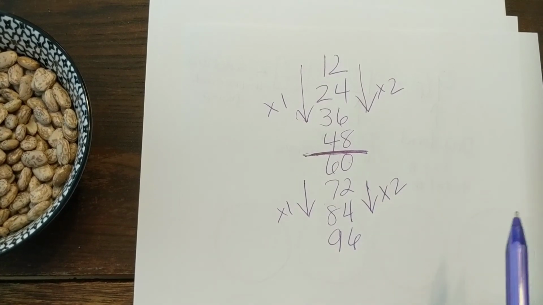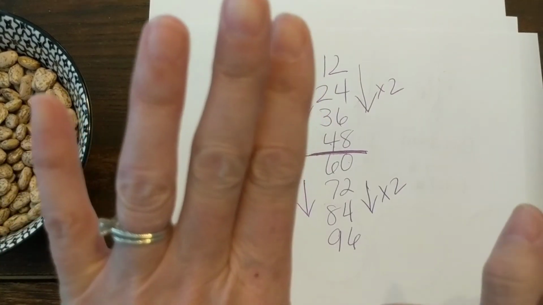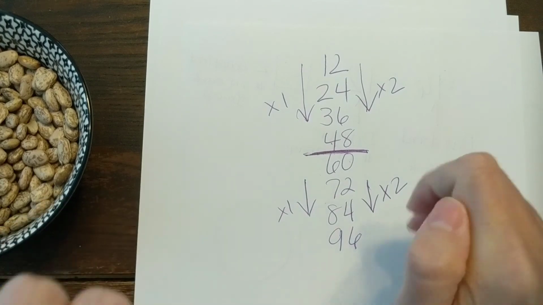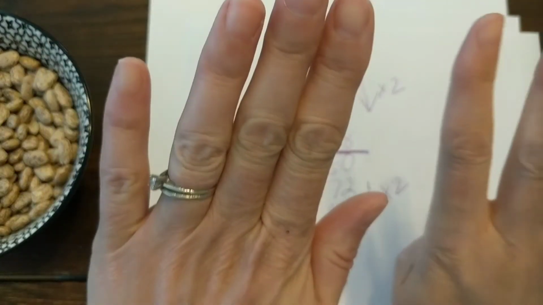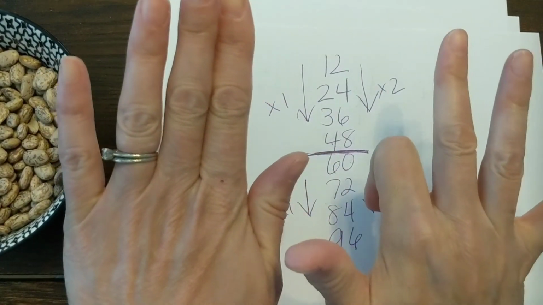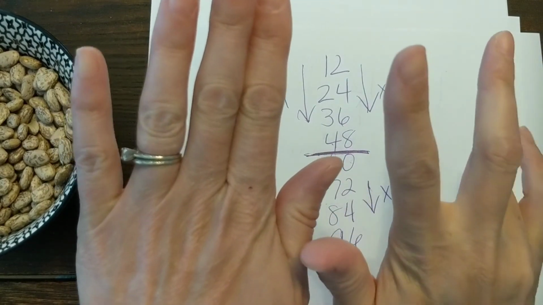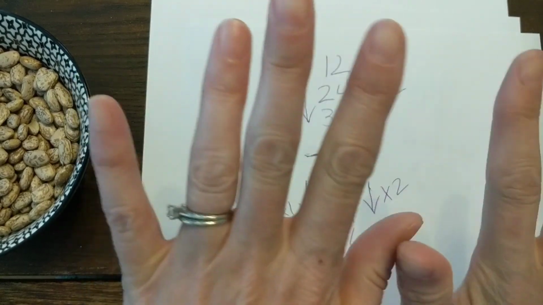But sometimes, like with our 9s, we have our 9s tricks, where we have, let's see, 9 times 1, 9 times 2, 9 times 3, 9 times 4, 9 times 5. Might want to do it on the other hand, though.